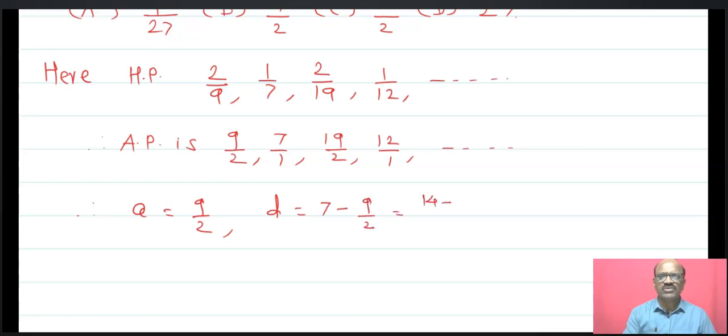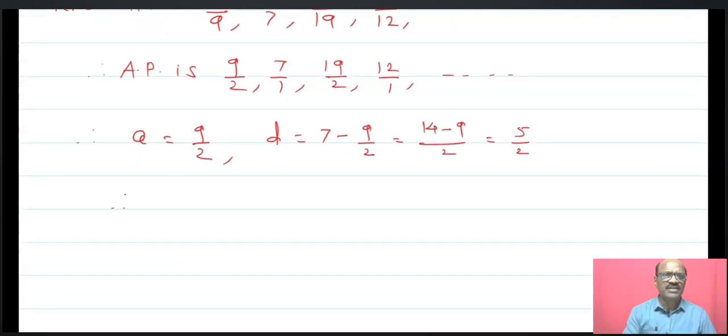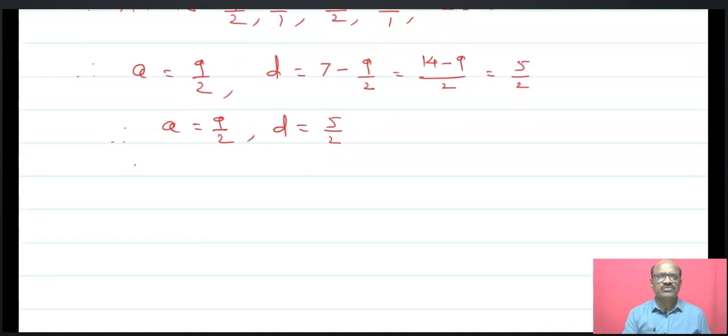Now here A is equal to 9 upon 2, D is the common difference, that is 7 minus 9 upon 2, which is 14 minus 9 upon 2, and that is equal to 5 by 2. Now see these terms, this is the common difference, the value of A is here, the value of D is 5 by 2. Now we have A is equal to 9 by 2 and D is equal to 5 by 2.